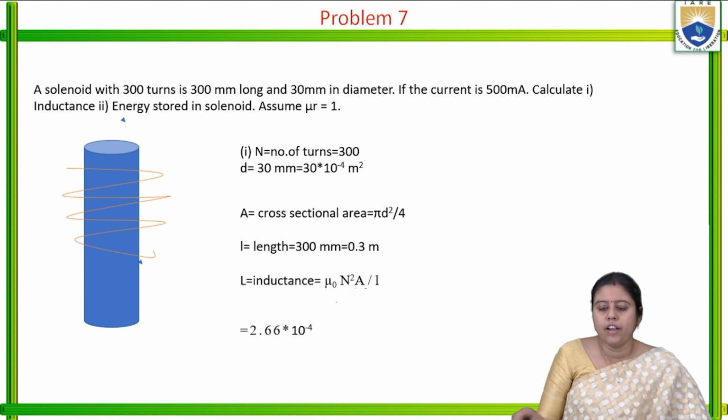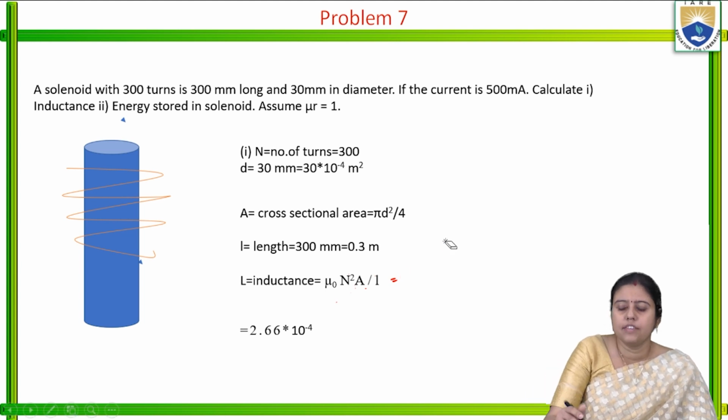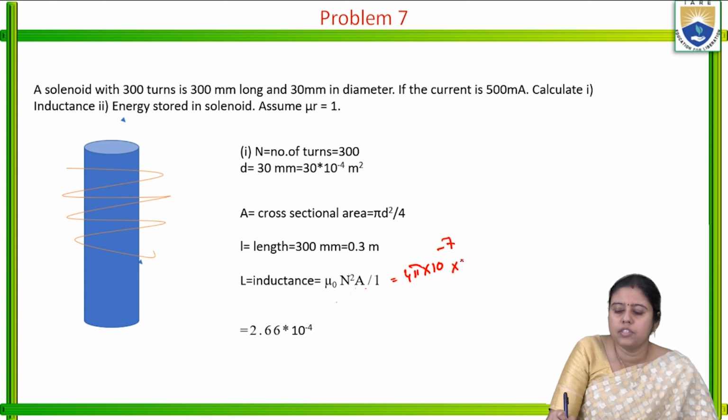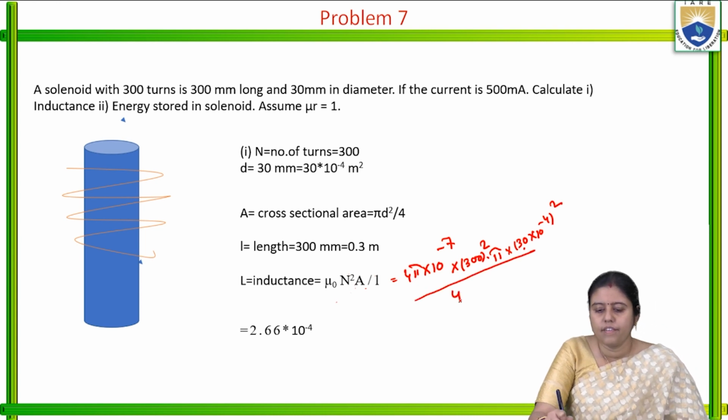So if we put the values, mu naught is equal to 4 pi into 10 to the power minus 7, into 300 square, into pi d square by 4, where d is 30 into 10 to the power minus 3, divided by L, where L is 0.3.